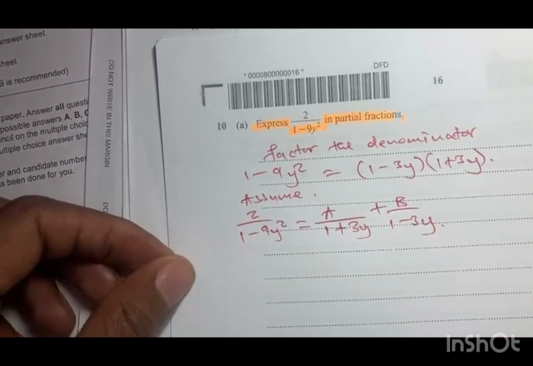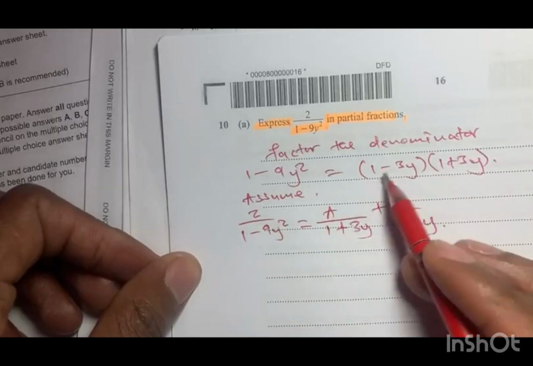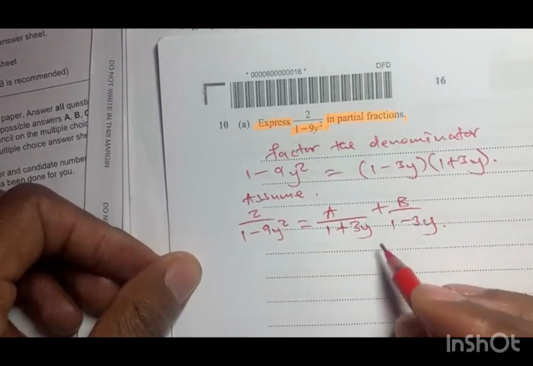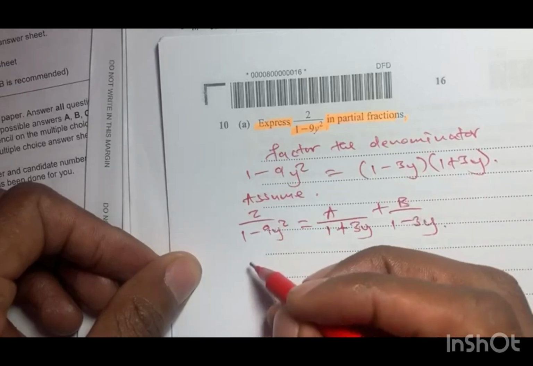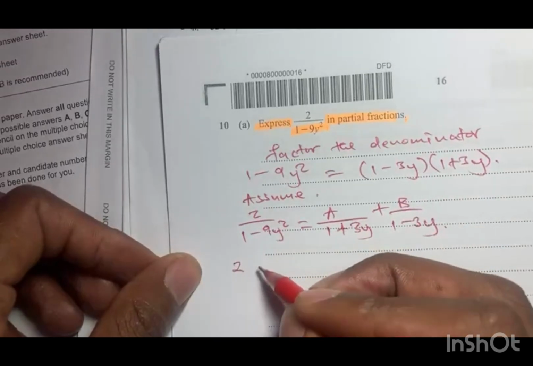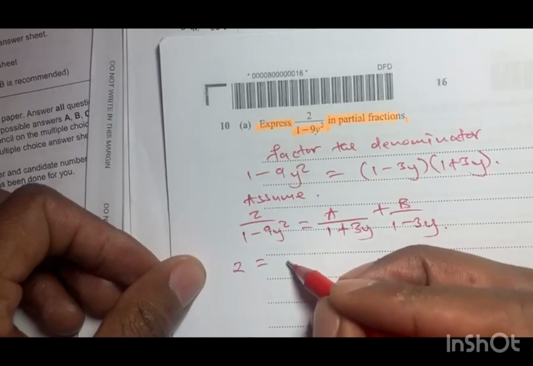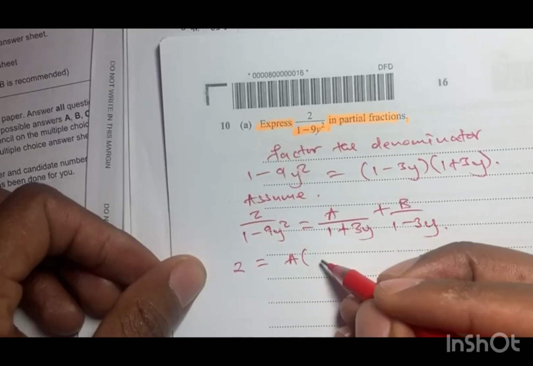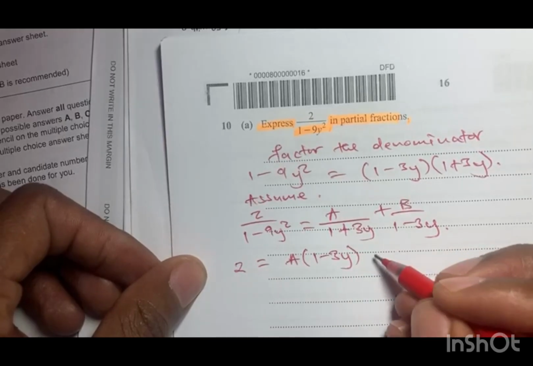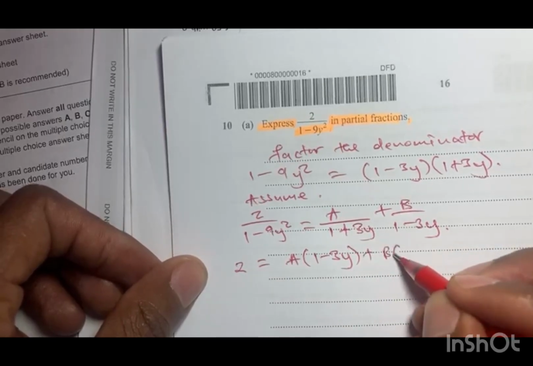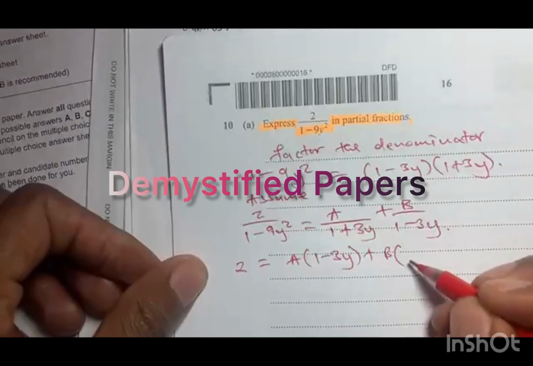Then we will multiply through by the brackets, so that we get 1 is equivalent to A open bracket 1 minus 3y, then plus B open bracket 1 plus 3y.